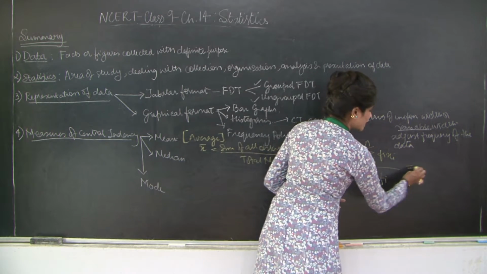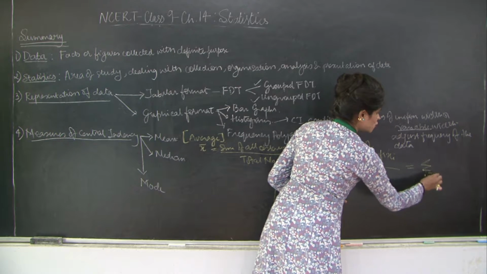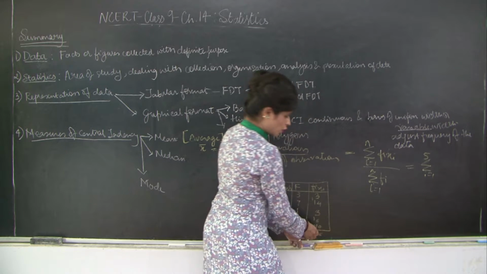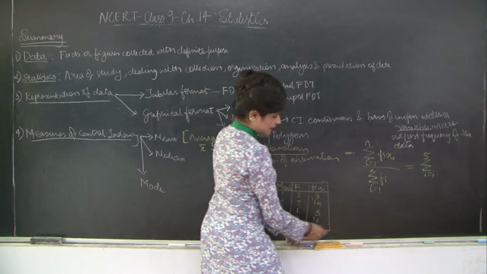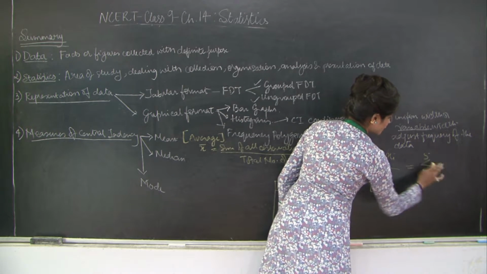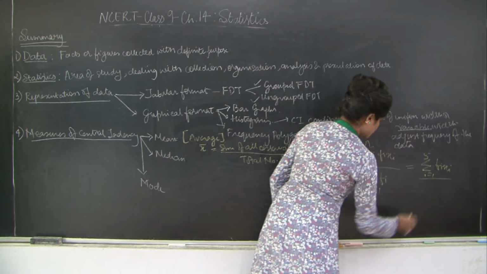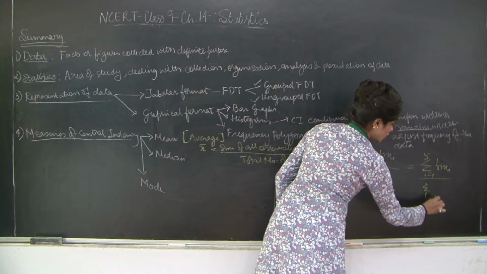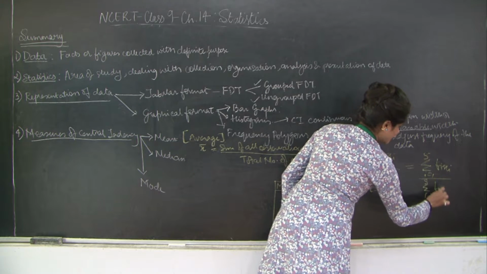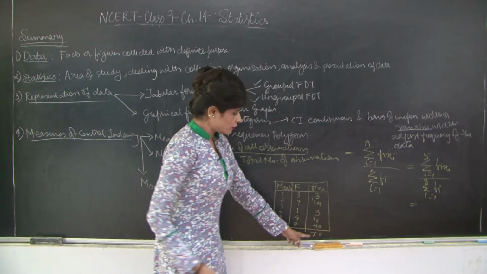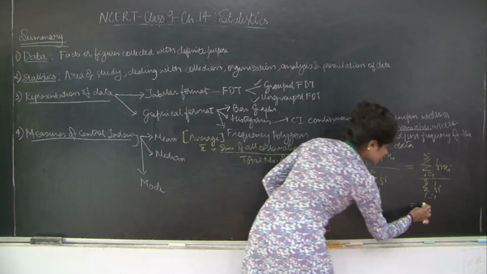So summation of i is equal to 1 up to n, first of all, we will rewrite this as i is equal to 1 up to, how many entries do we have? 5 entries. What is the total of f_i x_i? It is 76. So we'll write it as f_i x_i upon summation i is equal to 1 up to 5 f_i. So what is this going to be equal to? The numerator will be equal to 76.